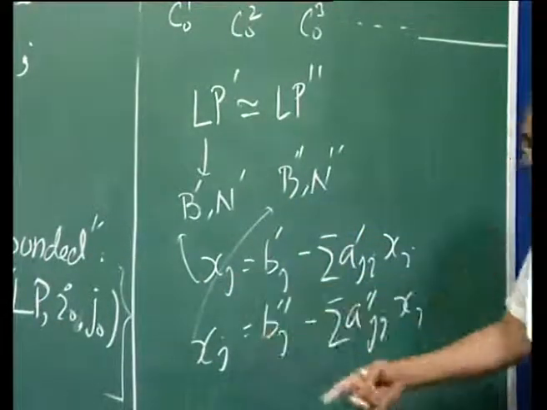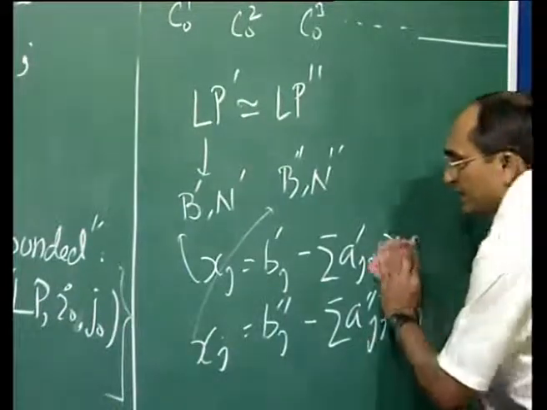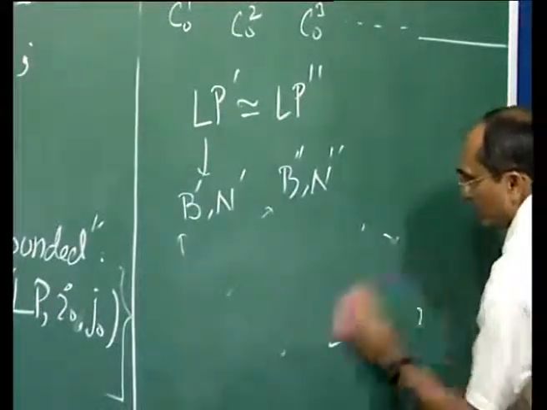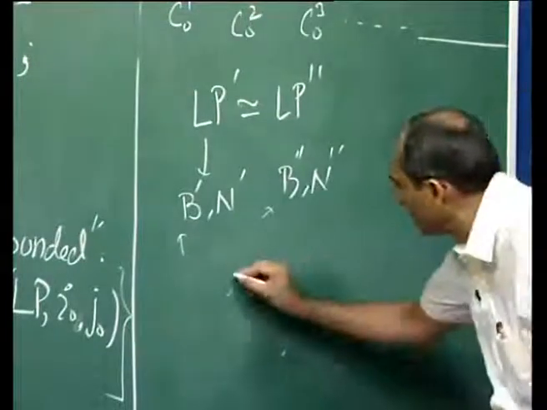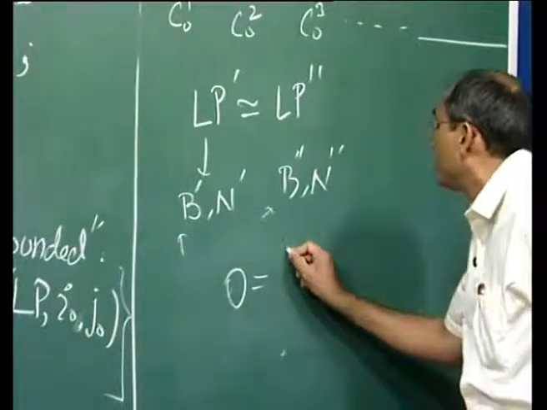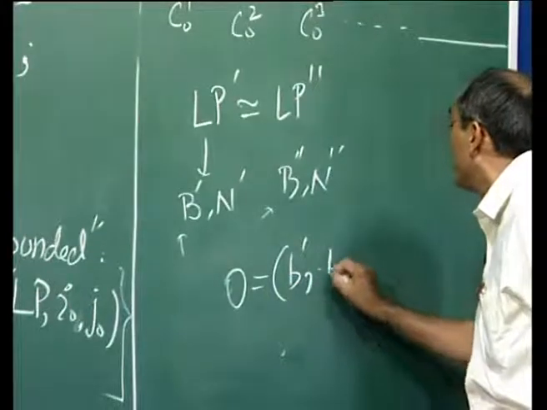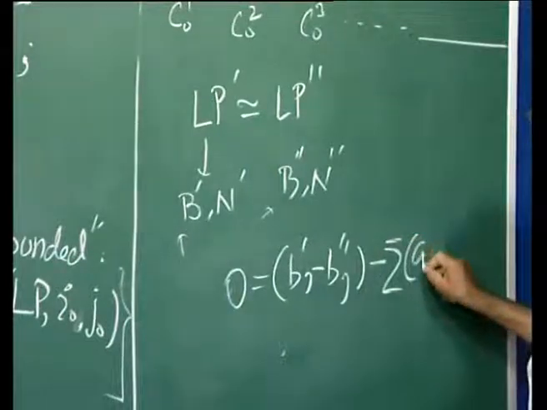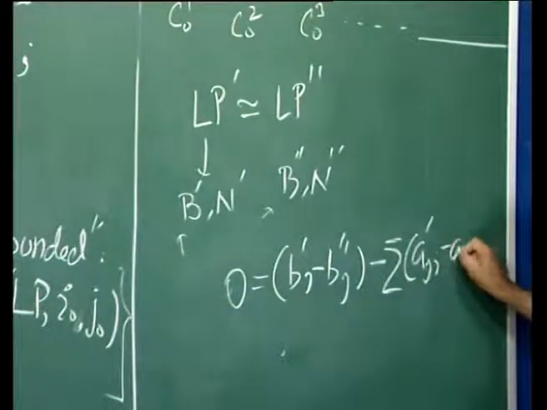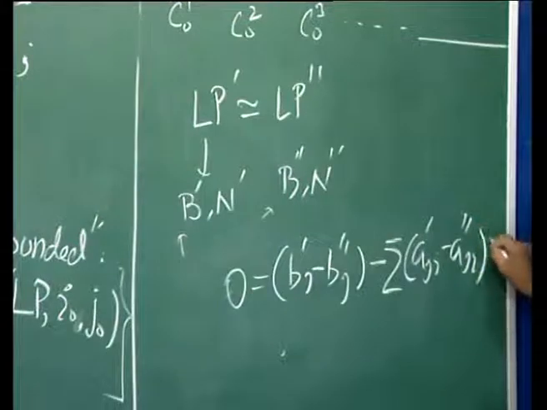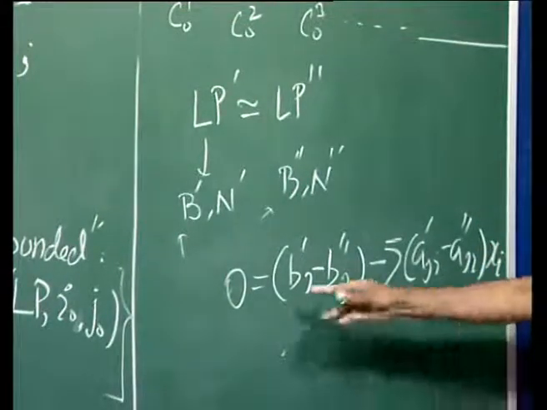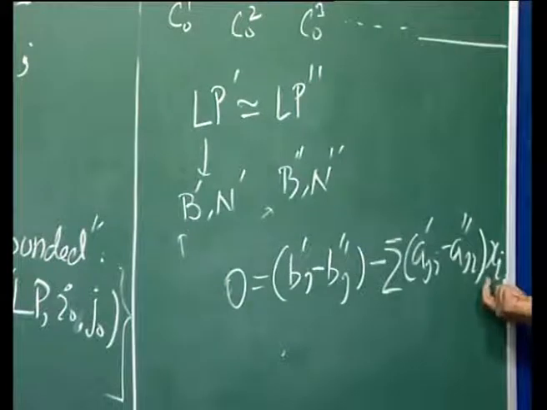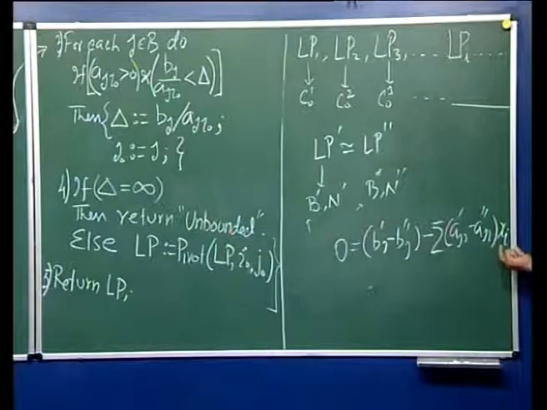One can take the difference of the two and you end up with the equation 0 equals b'_j minus b''_j minus sum (a'_ji minus a''_ji) x_i. This equation must be satisfied by every value of x_i in the feasible region, because they are equal for every value of the x_i set.